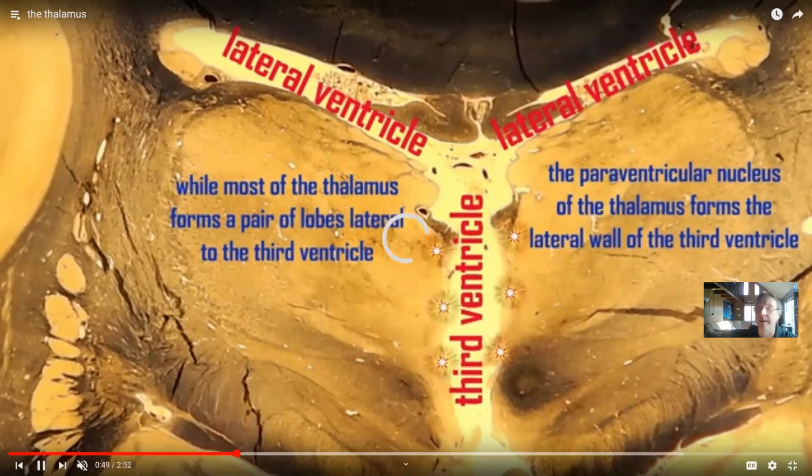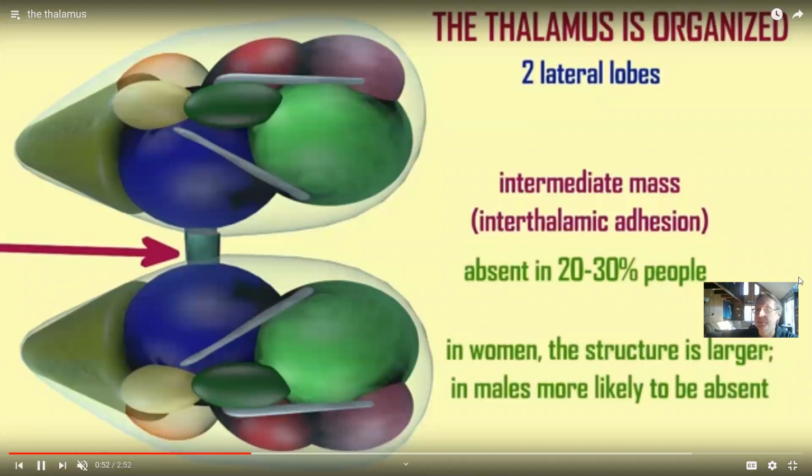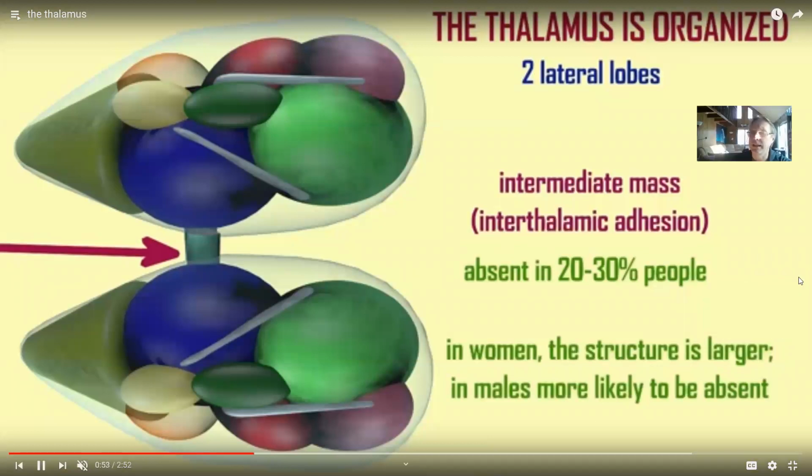The two lobes of the thalamus are lateral, but there is this intermediate mass, also known as the interthalamic adhesion, which connects the two. But in about 20 or 30% of people, it's missing. So it's a normal variant. It tends to be larger in women and more likely to be present in women, more likely to be absent in males.